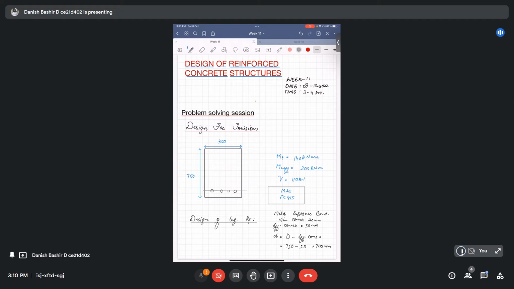Later it may change based on the design requirements. Are these things clear to you up to this point?